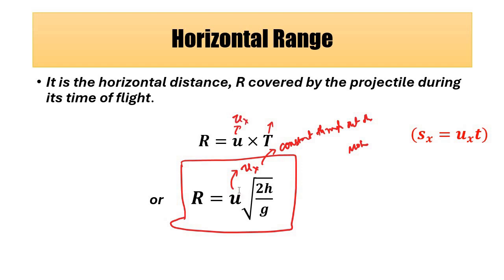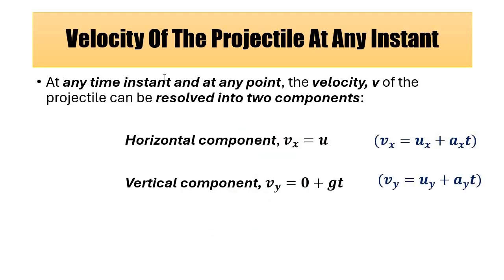Then we have the total velocity of the projectile, the net velocity of the projectile at any instant. Now here we have to use these two formulas. V is equal to u plus at. This is the base formula. Here we have to split it into two separate components, the x component and y component.